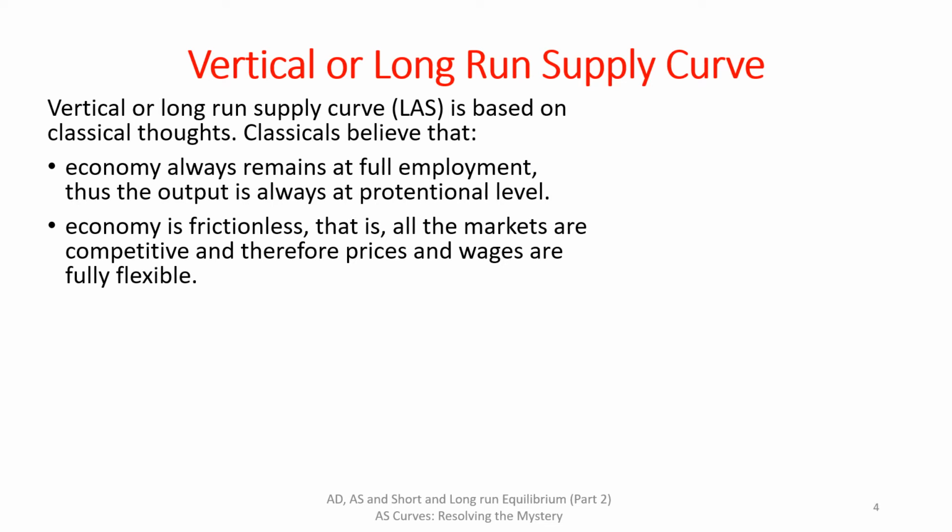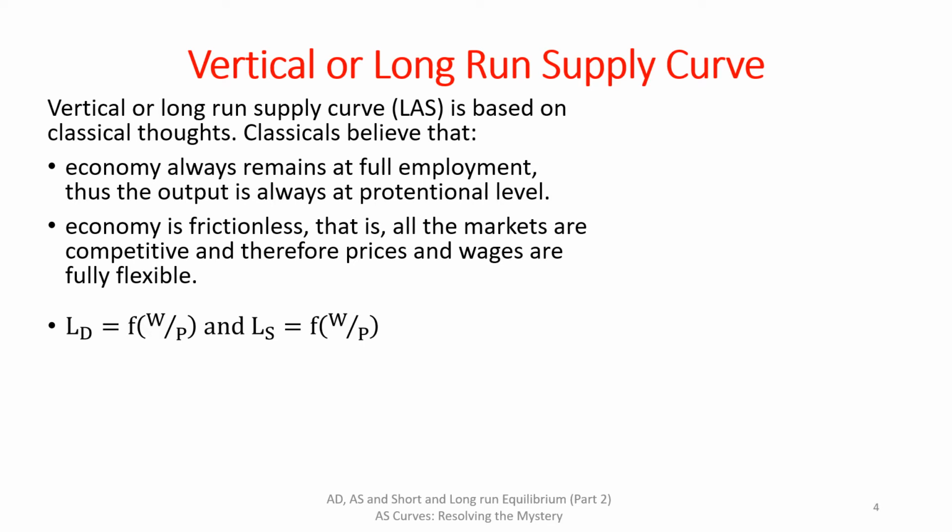We know that both labor demand and labor supply are the functions of real wage rate. Labor demand is negatively while the labor supply is positively related with real wage rate. The equilibrium wage rate is where labor demand is equal to labor supply. As we discussed, classical economists think that markets are fully competitive.